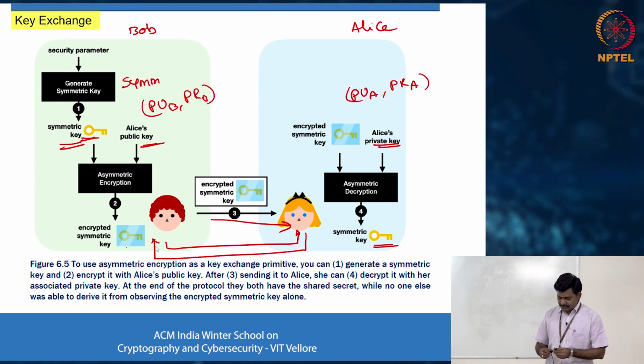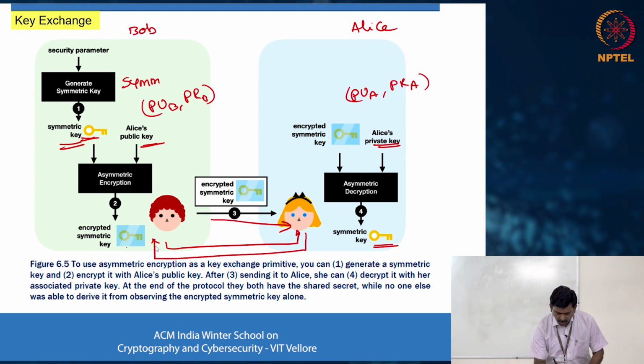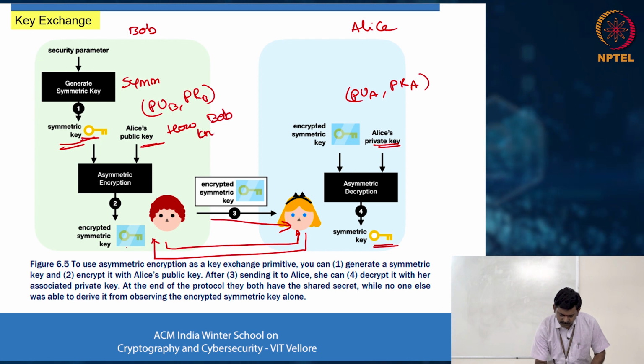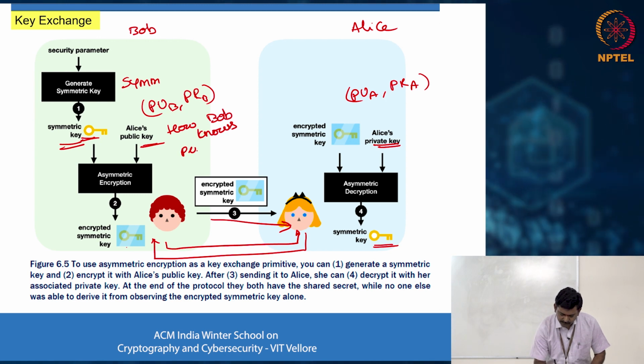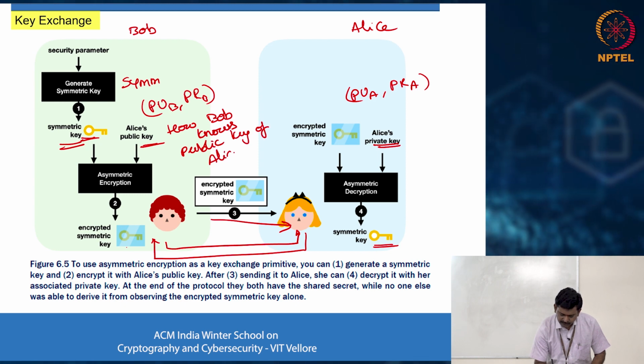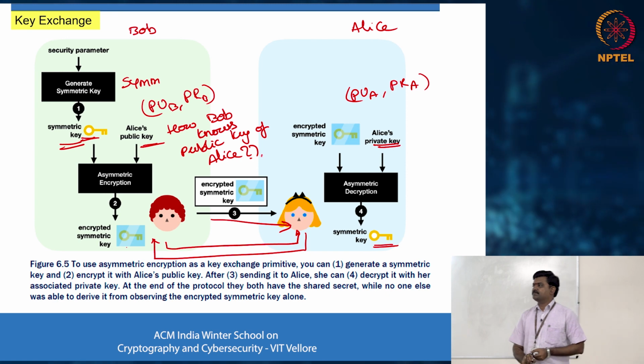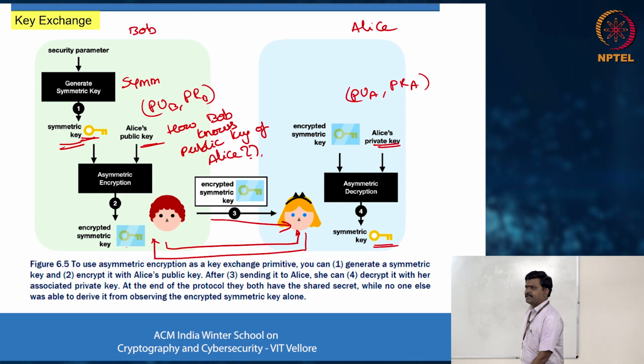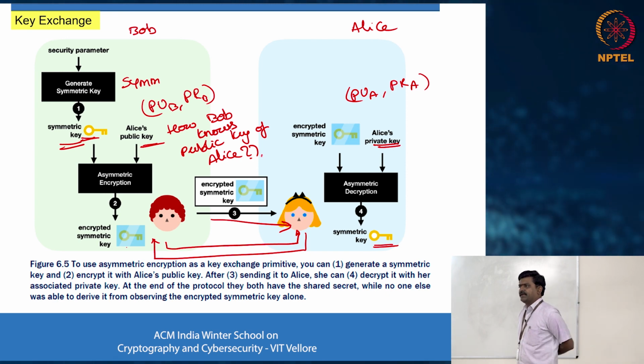Now the question is, how does Bob know the public key of Alice? Sir, it is the public key of Alice. It is public. Correct. When it is public, anybody can use it and anybody can tamper with it.